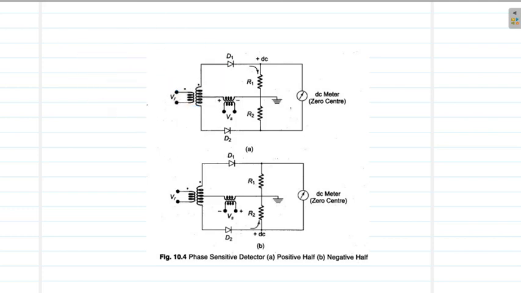At the same time, we are feeding in the second voltage here, and we will look into what happens to the different components inside. Straight away, the difference between the in-phase and out-of-phase situation is detected by this galvanometer present here.